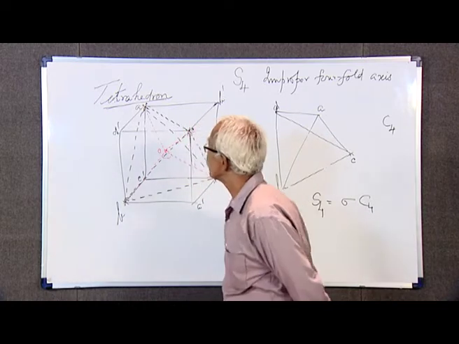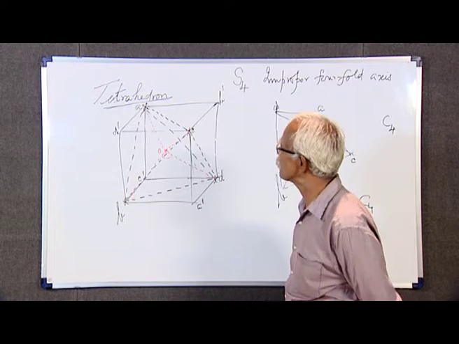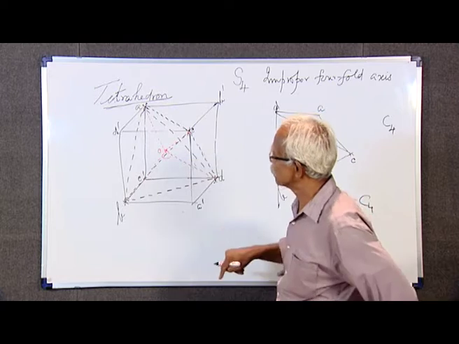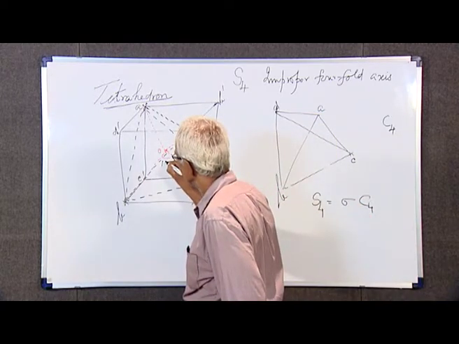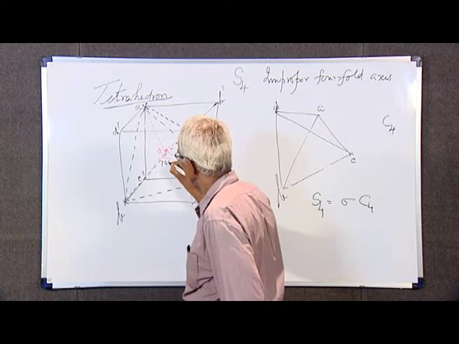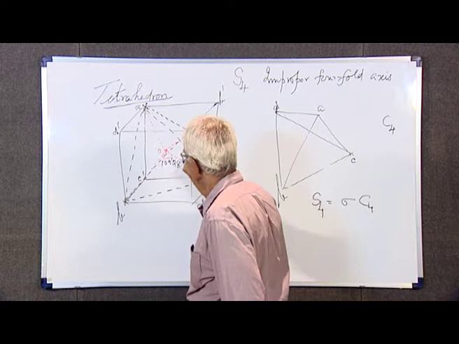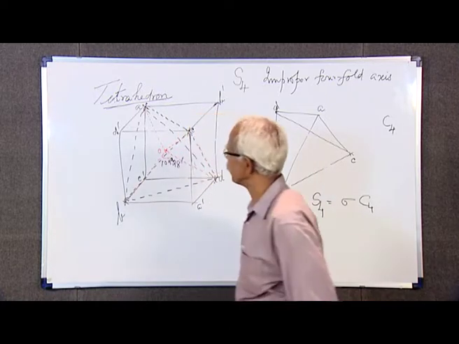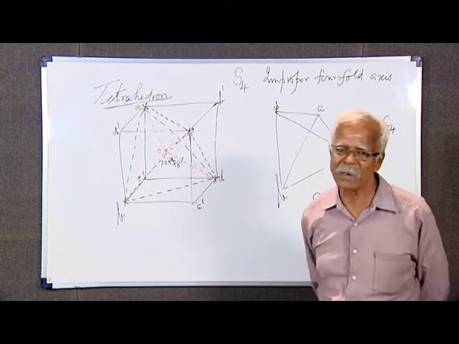And so, for these body diagonals of the cube, one can simply calculate, by taking the direction cosines of these lines, the angle. It is a very interesting angle, 109 degrees 28 minutes. It is a very famous angle called the tetrahedral angle.